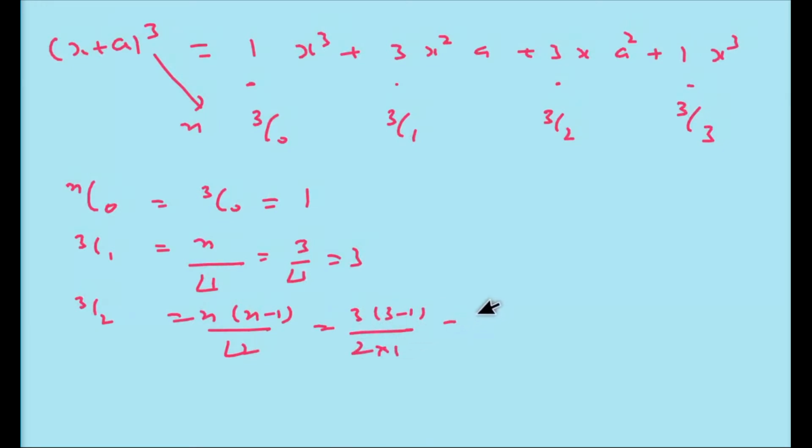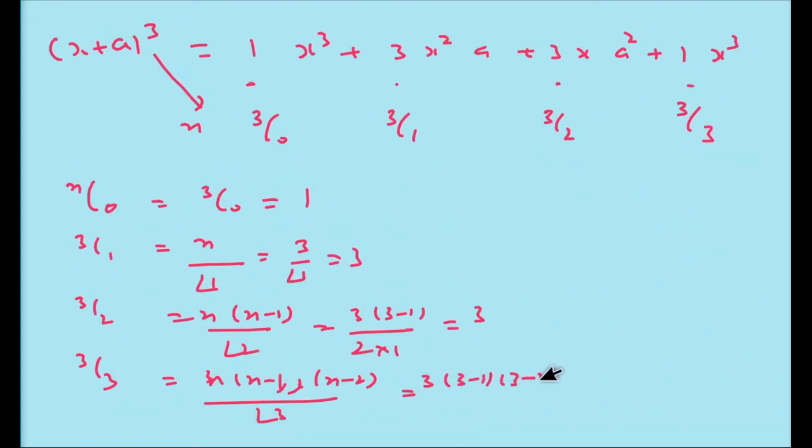So we can get here 3, and again 3C3, we can get n, n minus 1, n minus 2, 3 factors upon factorial 3, and using 3, 3 minus 1, 3 minus 2 upon factorial 3, we get 1. So we can describe this coefficient in this way also, okay, right?